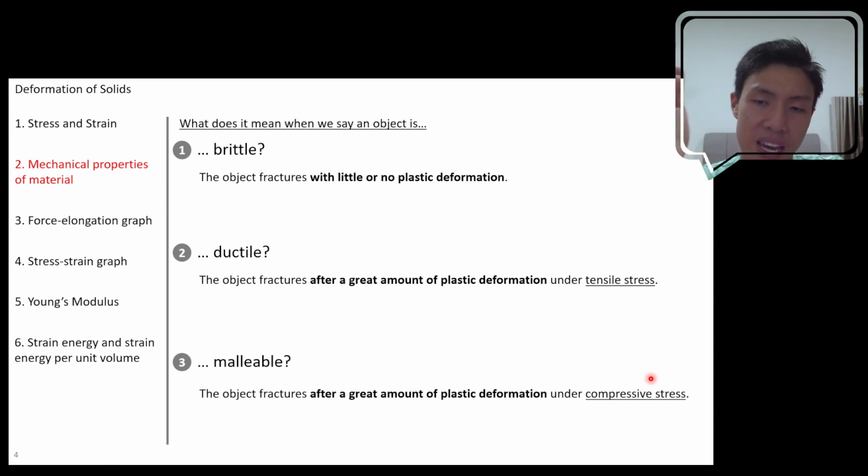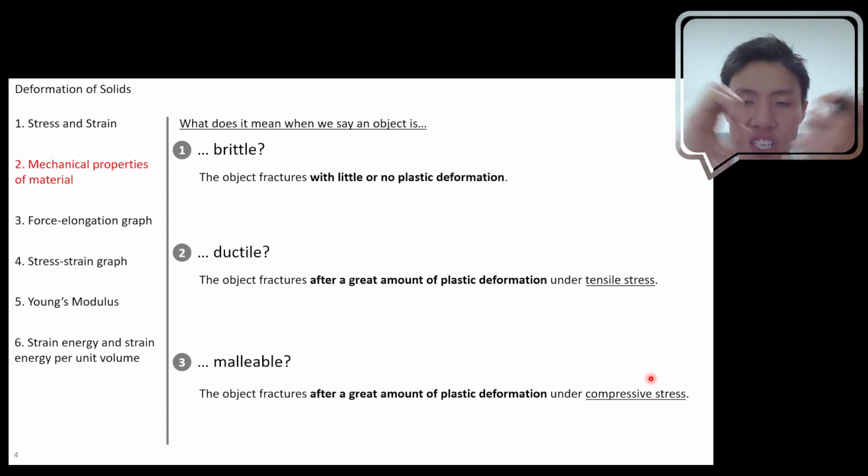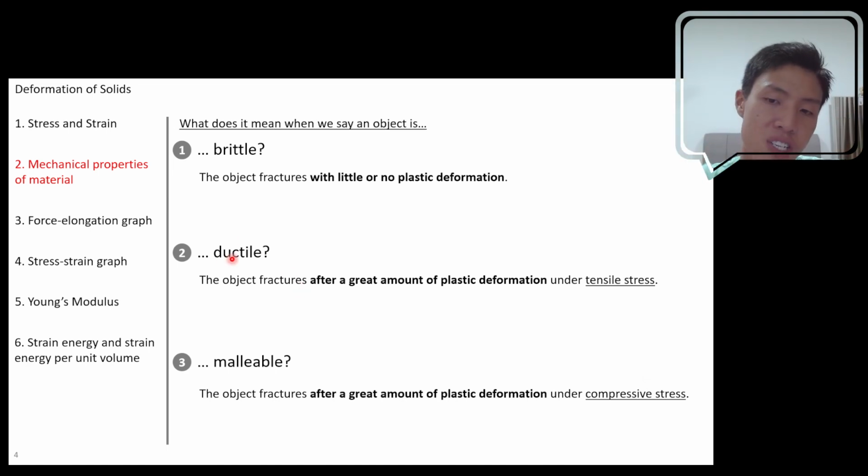The object can be pressed and change shape very severely until at a certain point it breaks. So ductile is when we talk about stretch, malleable is when we talk about press. But brittle is you won't even get to permanent deformation, you break already.